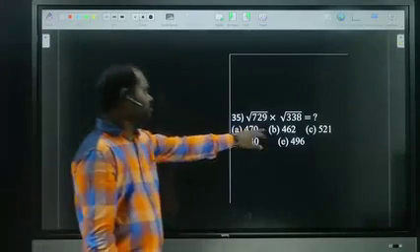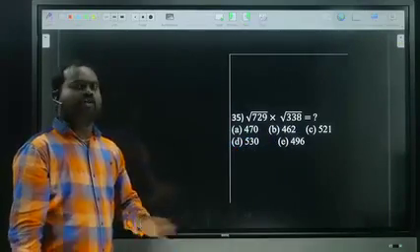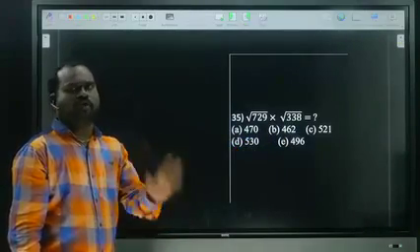In between the multiplication symbol, the options are 470, 462, 521. The options are not close and not a big gap either. The options are moderate.